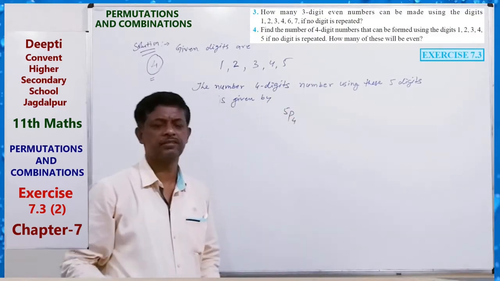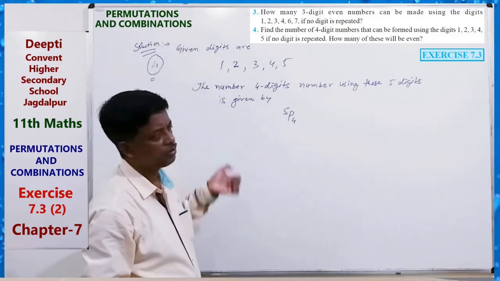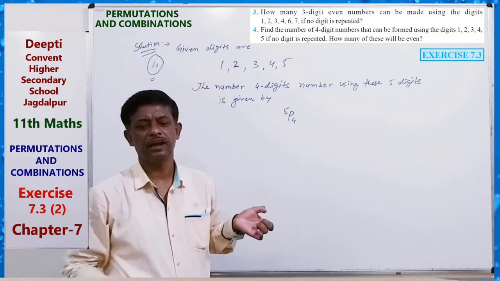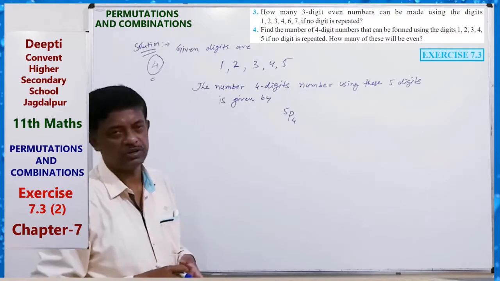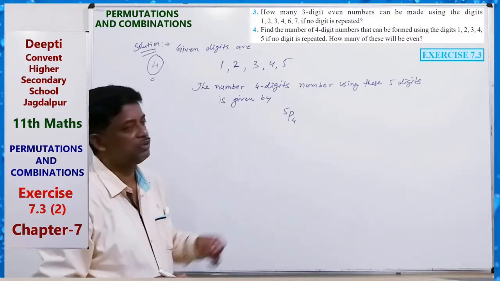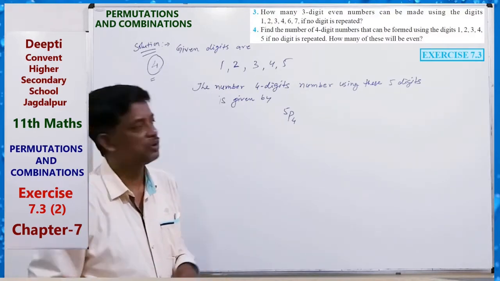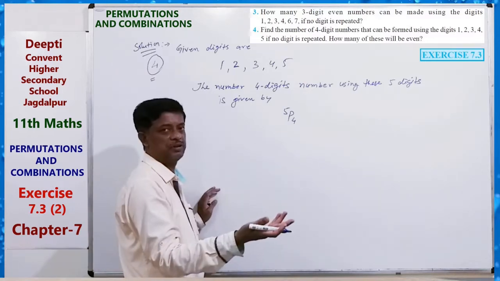Only select 4 digits from these 5 digits and put them in a definite order, that is permutation. 5p4 will give the number of 4 digit numbers.